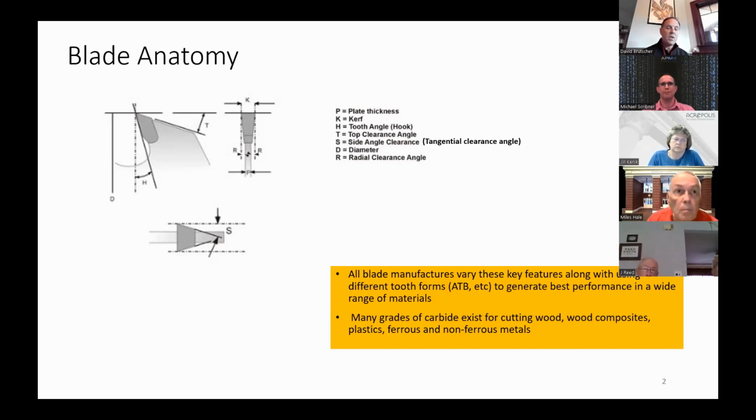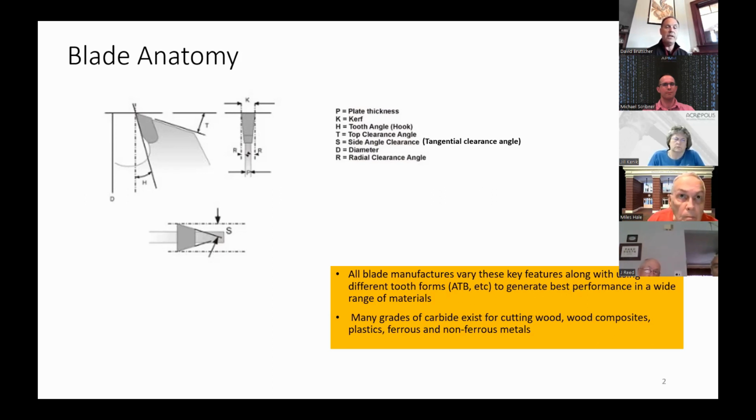And then we talked a little bit about the radial clearance already. Really, the reason that all carbide has the radial and tangential clearances is that you have to have only the cutting edge of the tooth form actually doing the cutting, right? There's not many manufacturers that will talk specifically about these angles.